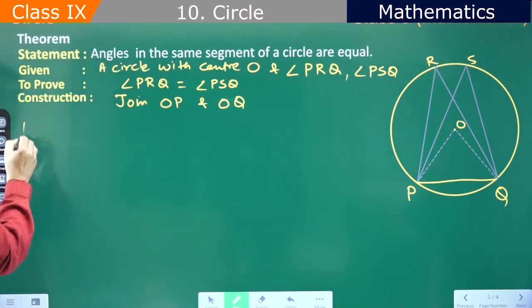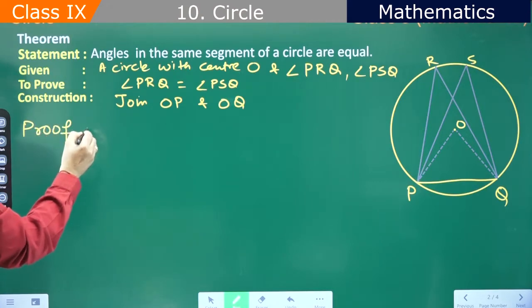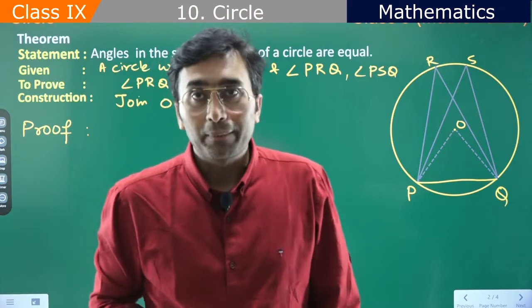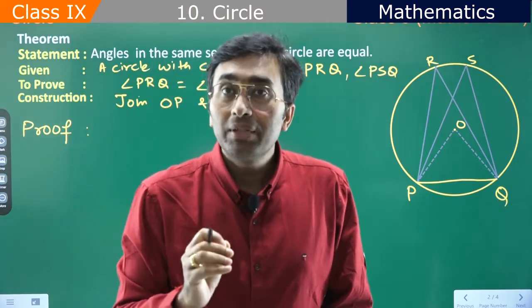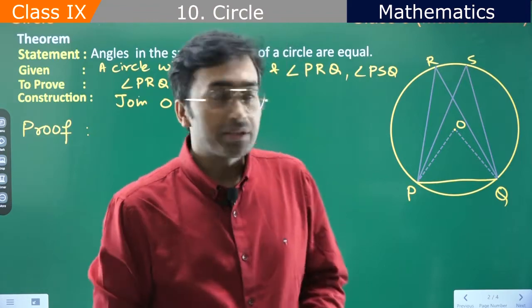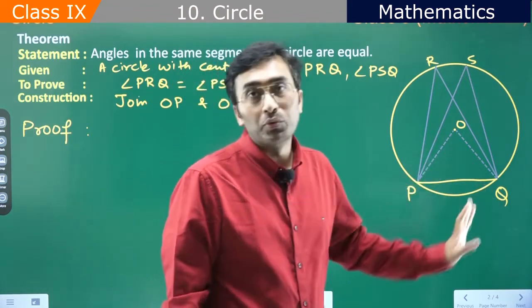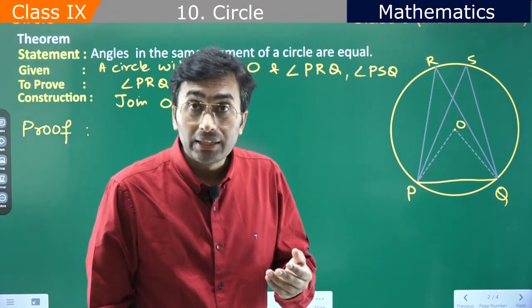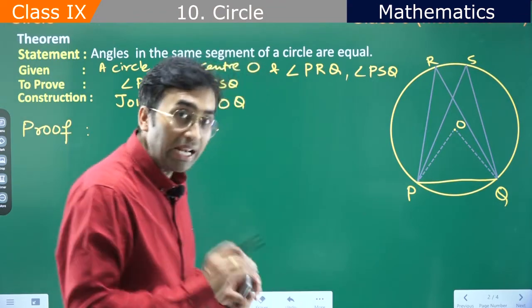Okay, after joining it, now we will do the proof. As we are going to prove it, we should know one thing. The one theorem we have learnt already. The theorem is that angle at the center, this angle I am talking about, angle POQ. Angle at the center is twice of the angle at the circumference. So we'll write this theorem first.